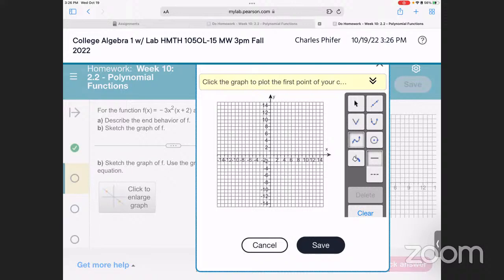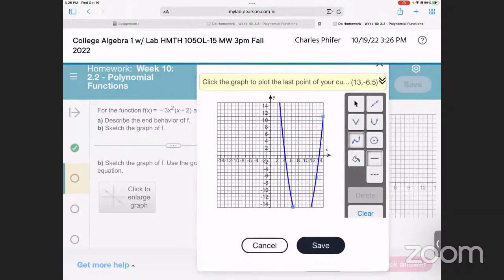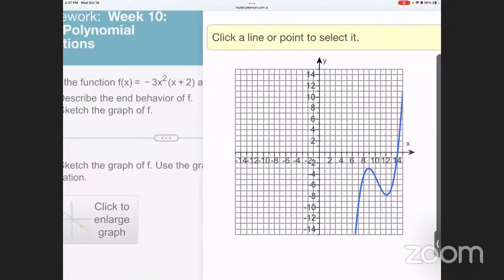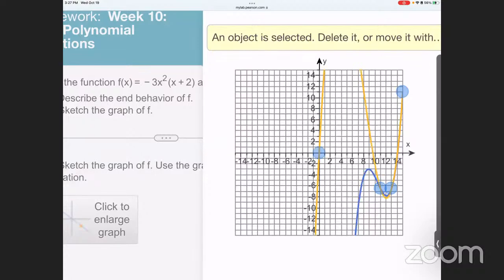So let's see. Now we need to choose 4 points that are our zeros. We know that when x is 0, the origin is one of them. Maybe if I zoom in, that's fine. What I ended up having to do on one of them was click on 3 spots randomly, and then go back and move them at the end. So one of our zeros is the origin. I'm going to slide 1 point to the origin.